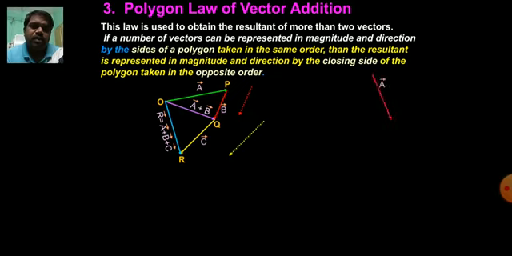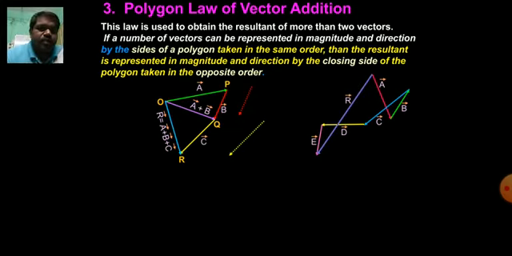Suppose there are other vectors: vector A, vector B, vector C, vector D, vector E. There are more than 3 vectors. So the last line gives the resultant of these vectors, and this shape is just like a polygon.